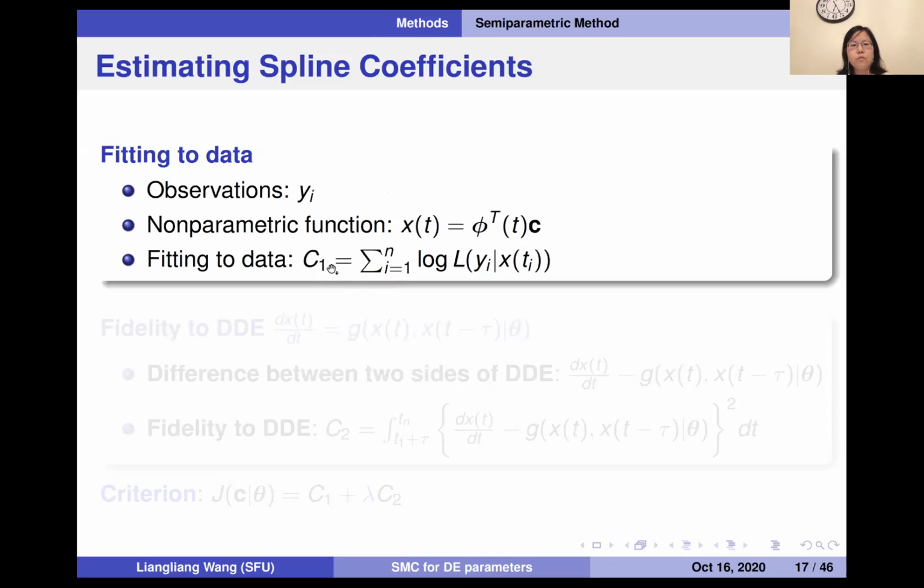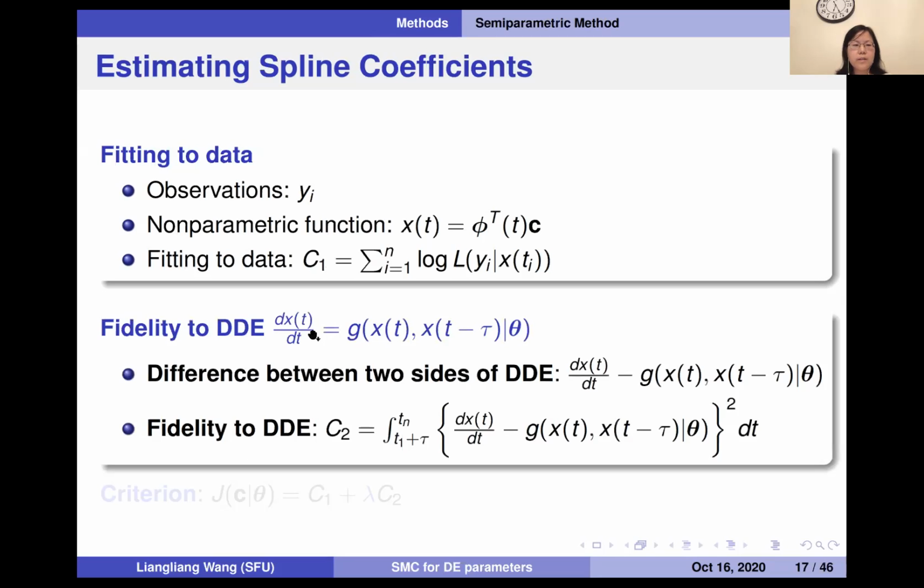We can represent this part as C1, and the second part is fidelity to the DDEs. We have the form of our DDE, and we take the difference between the two sides of the DDE and integrate the squared difference.